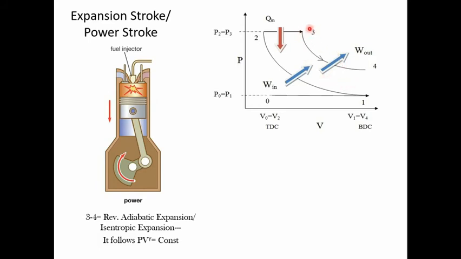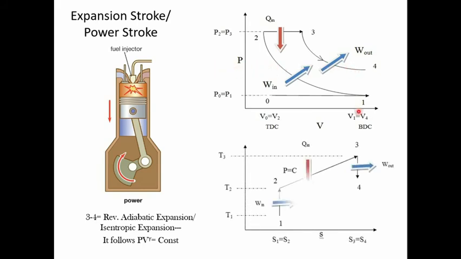We can see that from point 3 to point 4 the expansion process has taken place, and the volume increases from V3 to V4, and due to the expansion the pressure drops from P3 to P4.